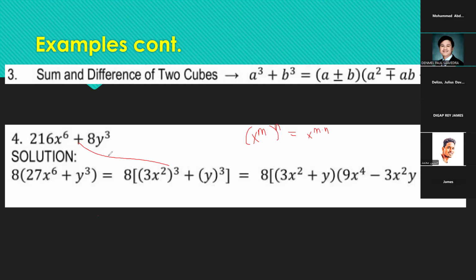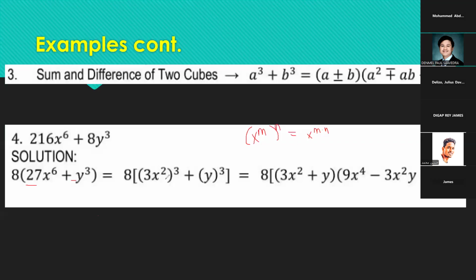Aside from that, we also factored out the number 216. The highest common factor of this one and 8 is 8. 216 divided by 8 is 27, and 8 divided by 8 is simply 1. So we factored out the 8 in here.